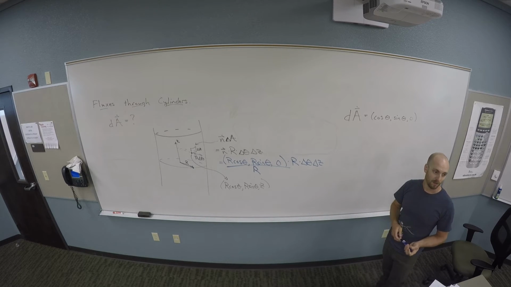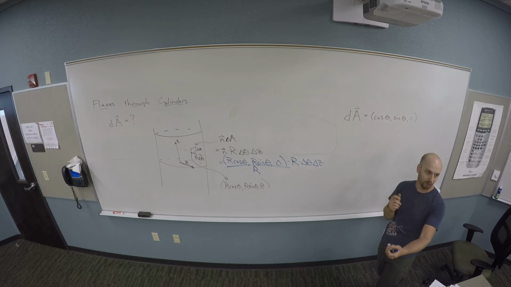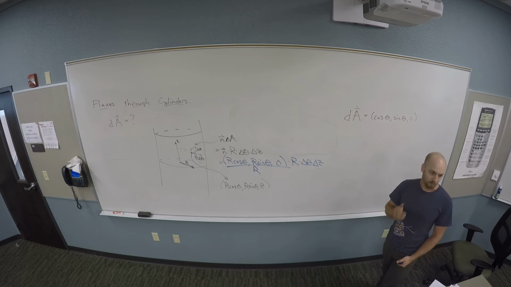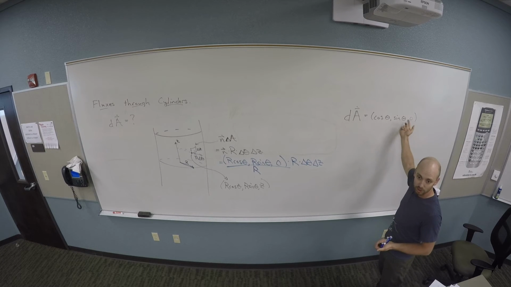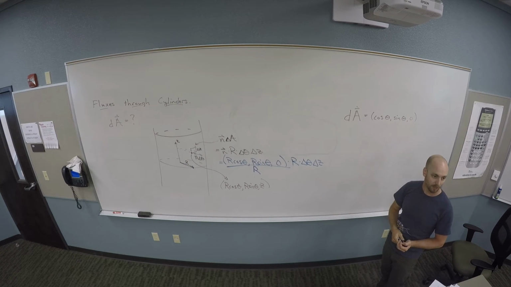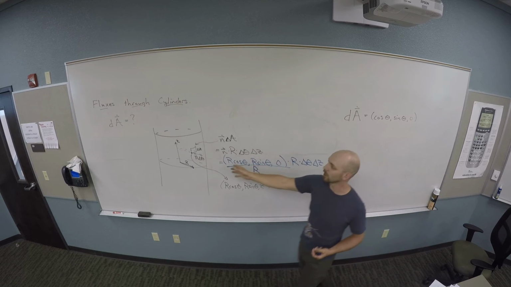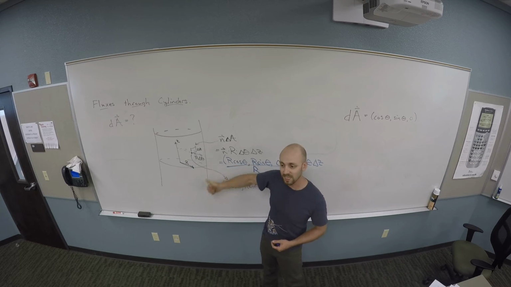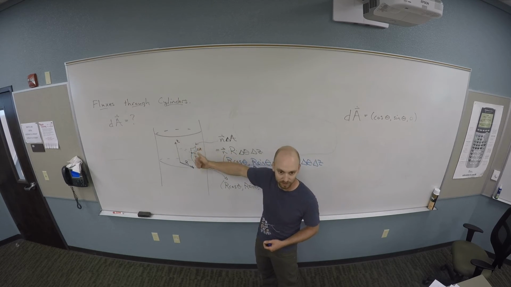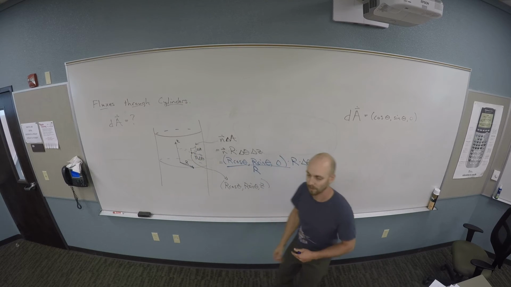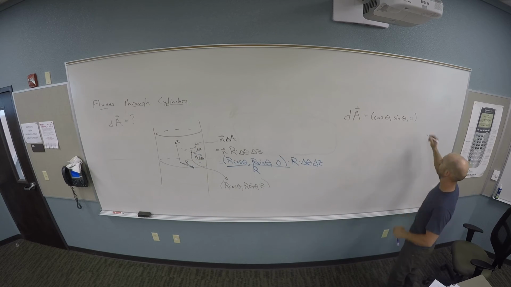I should never dot 2-vectors with 3-vectors because I don't know whether they apply to the first 2 coordinates, second 2 coordinates, or first and third or something. Dot product should go from same dimension to a scalar. So I think I need this 0 here, just so I know what to do with the z coordinate of the vector field that I'm talking about. But it should be clear that if I'm talking about flux through a cylinder, the z component of the vector field doesn't add anything, because it's flowing parallel to the surface. You guys see that? So I'm going to put this 0 in here. I'm not sure if your book does or not.